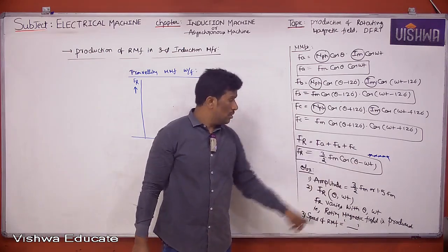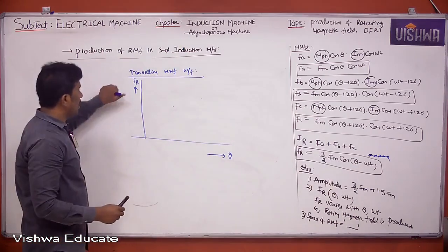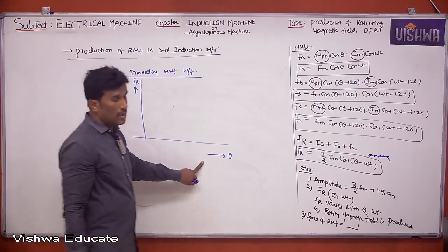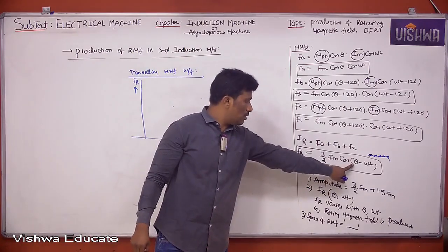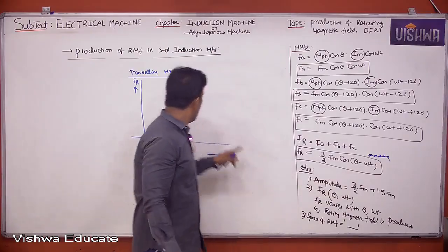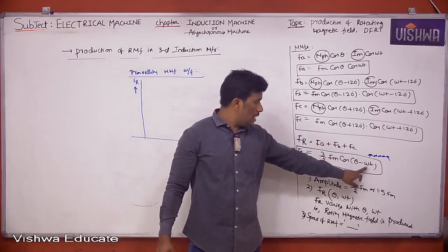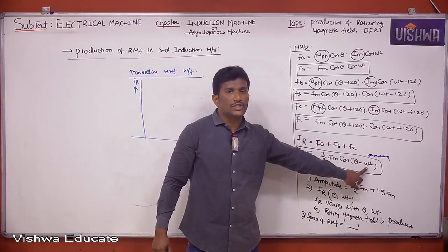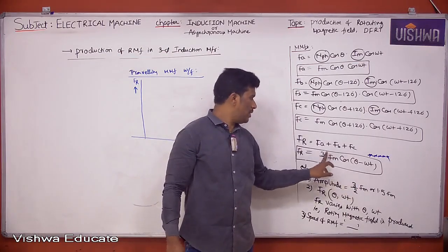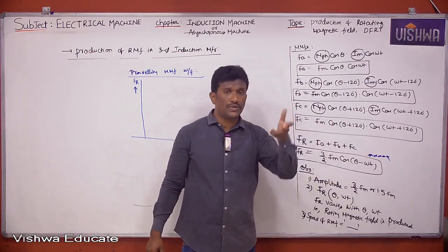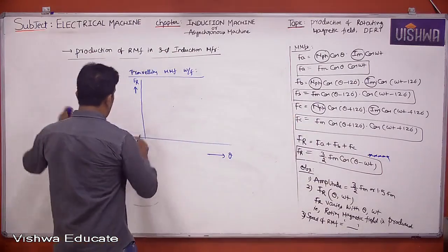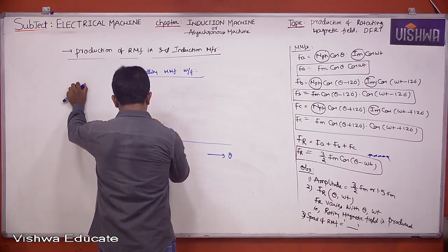So I'm just drawing FR versus theta. Suppose omega t equals 0 degrees. That means 3 by 2 FM cos theta. It becomes a cos function, so let me draw that cos function here.